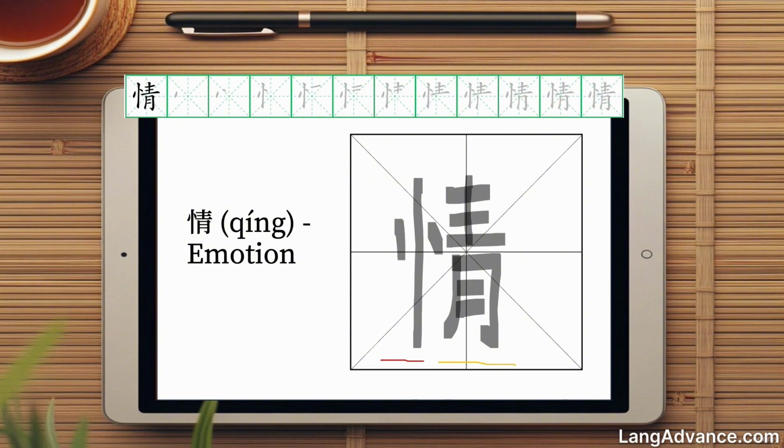Okay. So now let us start to plan our writing. Our positions. We have our radical, and then we have this dot. And now for the second part. Please pay attention to this.